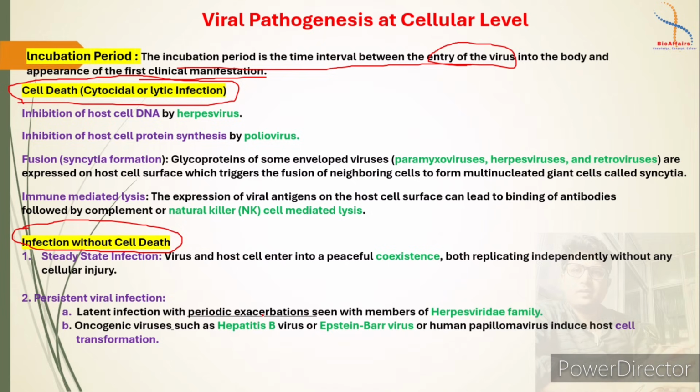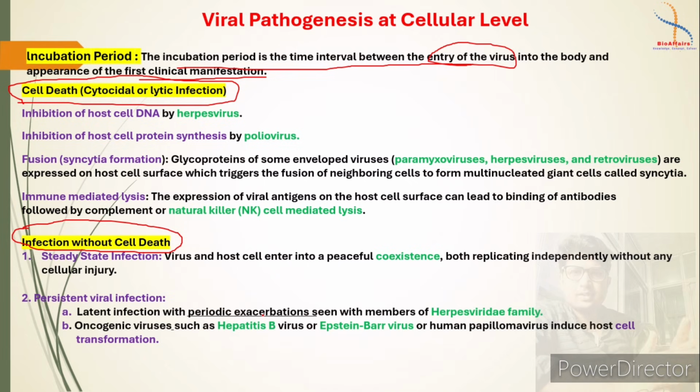Now then fusion, syncytia formation. Syncytia is a term used for the cellular fusion phenomenon. The glycoproteins of some enveloped viruses, such as paramyxoviruses, herpes viruses and retroviruses, induce cellular fusion, meaning two cells fuse with each other and make a multinucleated giant cell, because one cell normally contains only one nucleus.